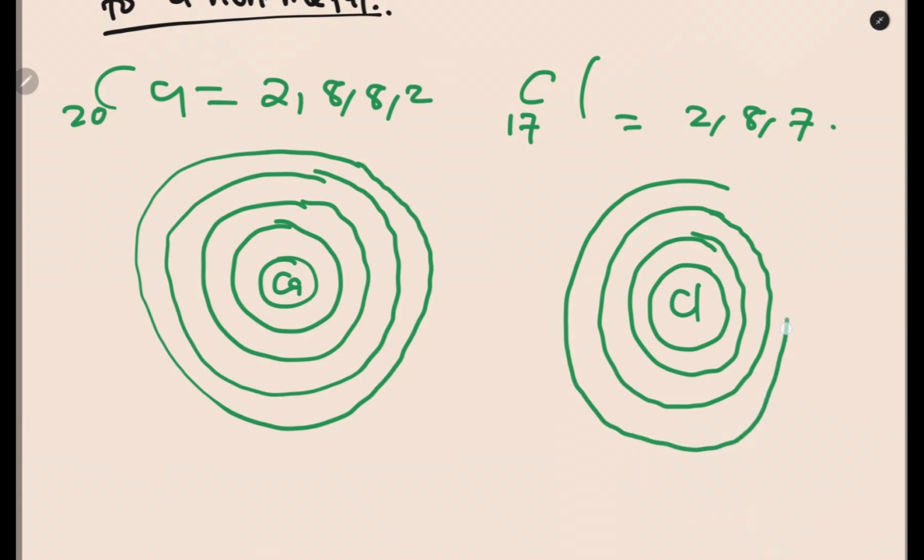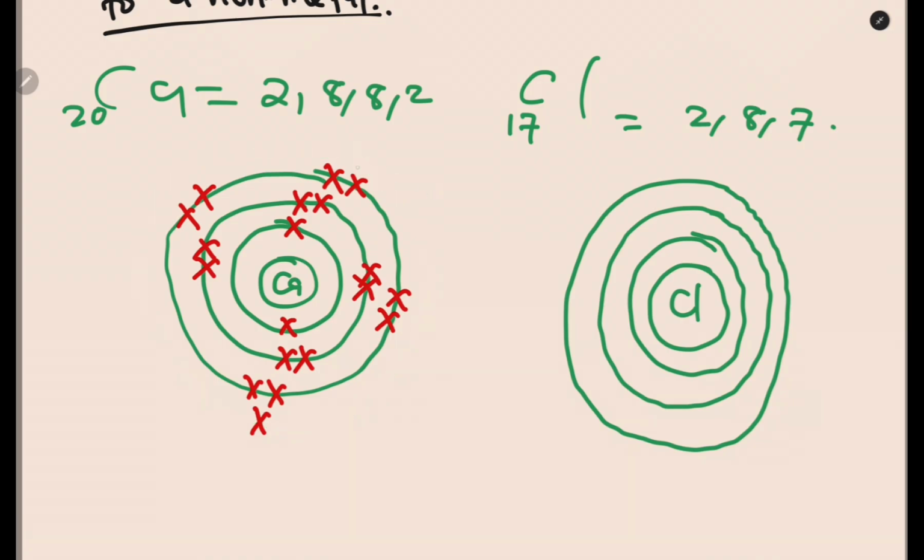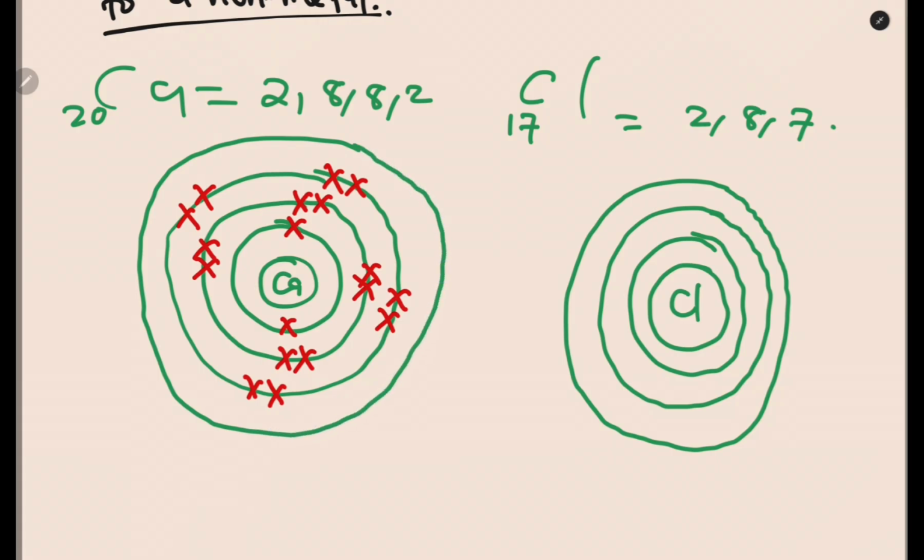So 3 shells. Let me use dots for this one. The first shell I'll put 2 electrons. Then the second one, there are how many? 8 electrons. Okay, then the outside it has 2 for calcium. The shell is gone, so let me redraw the shell and put the 2 electrons right here.